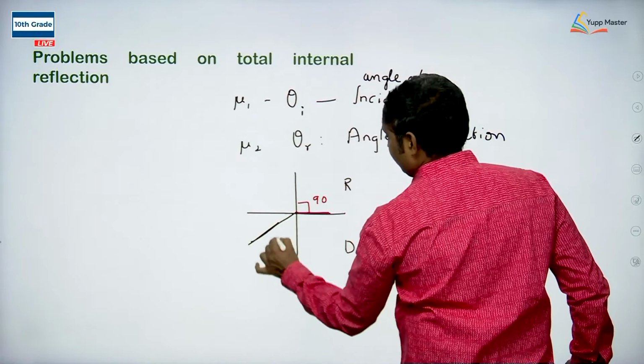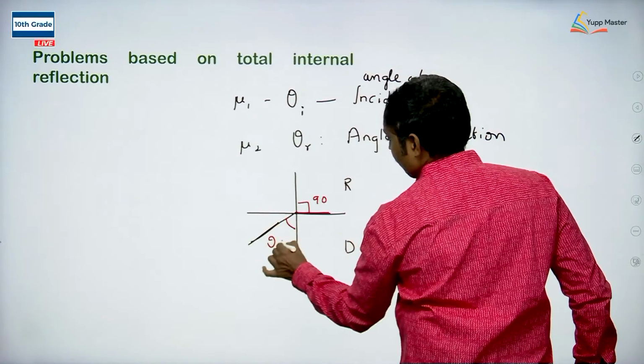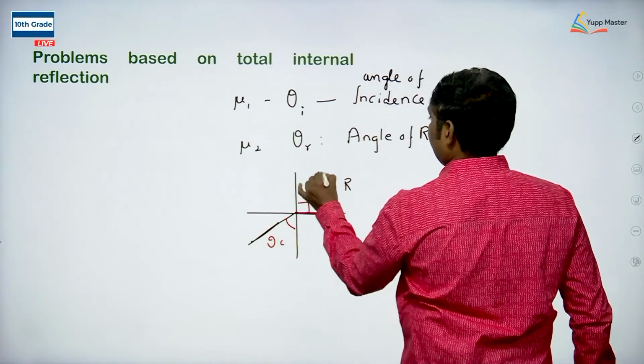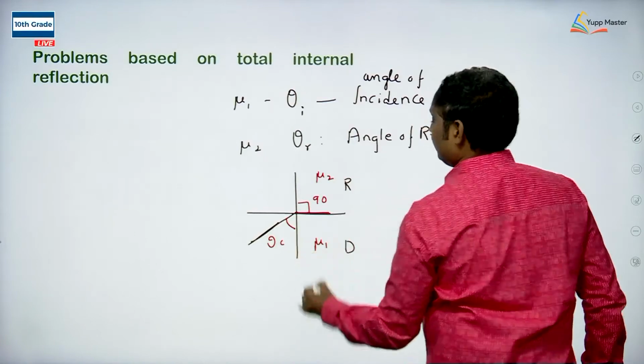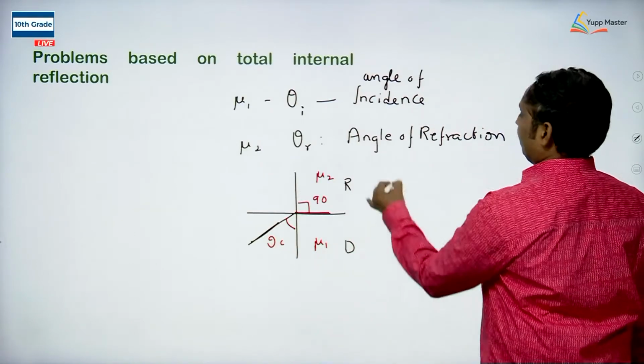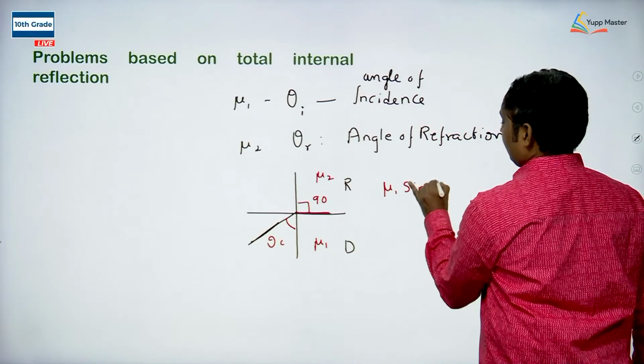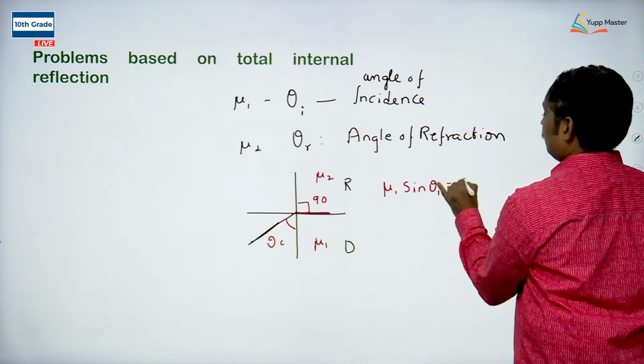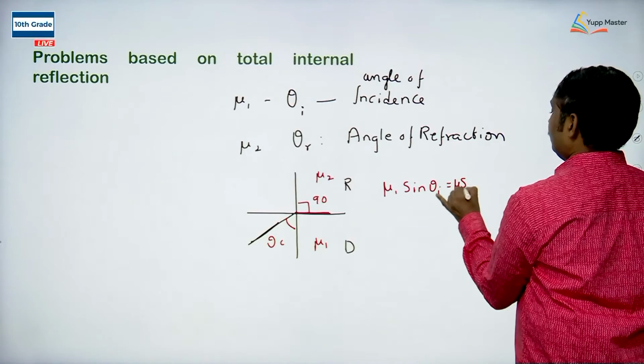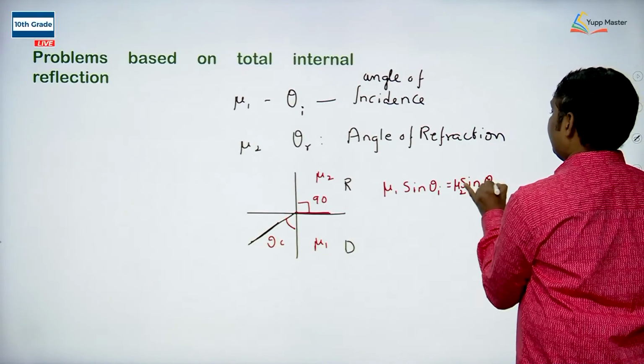This is the first medium and this is the second medium. By applying Snell's law, mu1 sin theta i is equal to mu2 sin theta r.